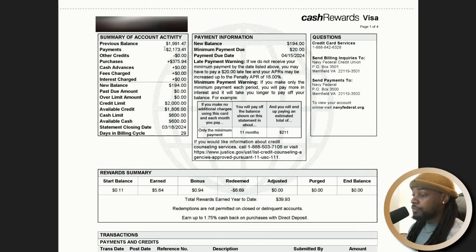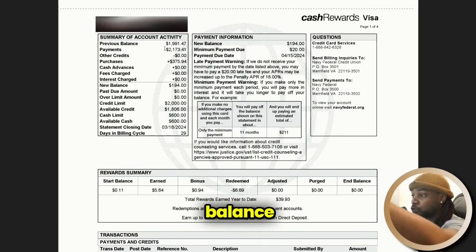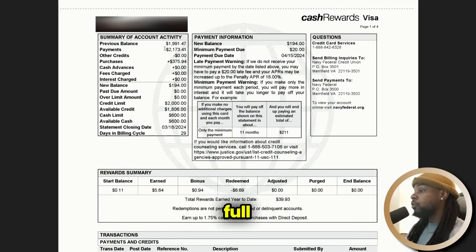Now, one of the ways that you can get a credit limit increase, and again, I've worked at banks, so I'm not saying it's the same for everybody. This is just what I've learned. If you let the maximum balance report, but you pay it in full, when you go to ask for a credit limit increase, in my experience, you're more likely to get it, because it shows that you almost use the maximum of your card, but then you paid it all off.